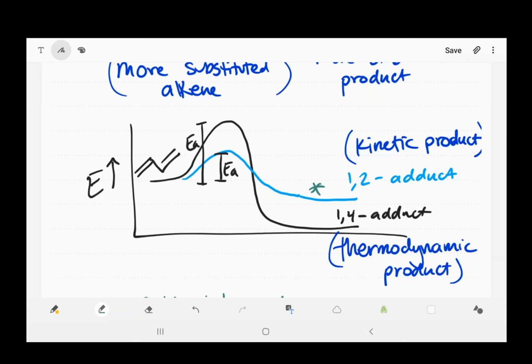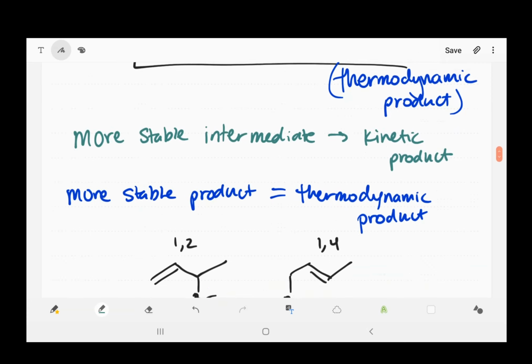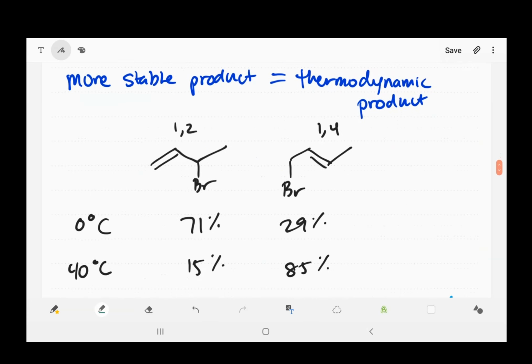So even if only a small portion is the thermodynamic product, each time you send it back, you're going to accumulate more and more thermodynamic product over time. And so a higher temperature is going to end up giving you more thermodynamic product overall.